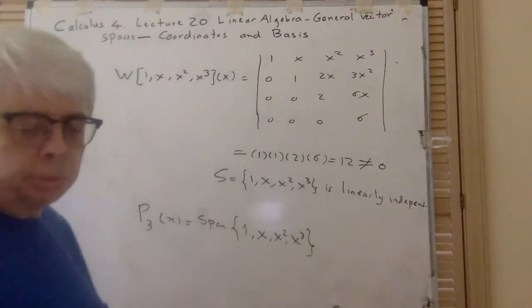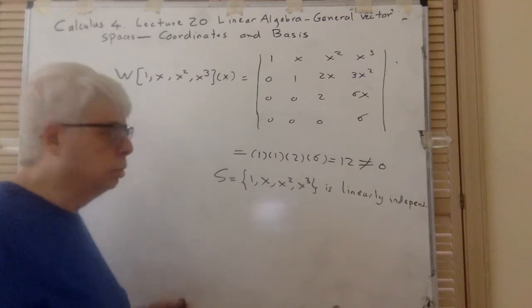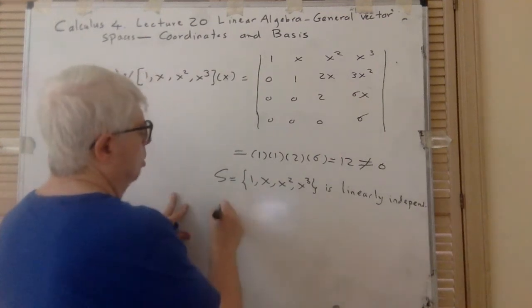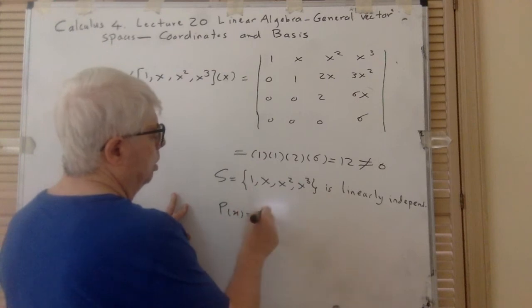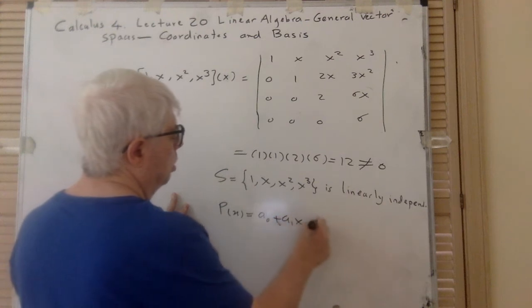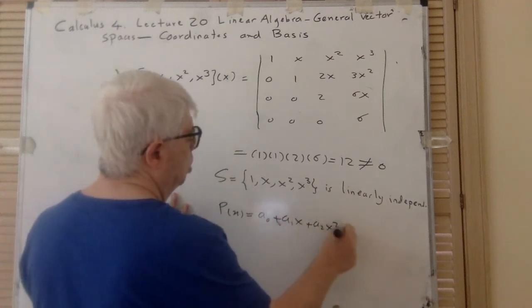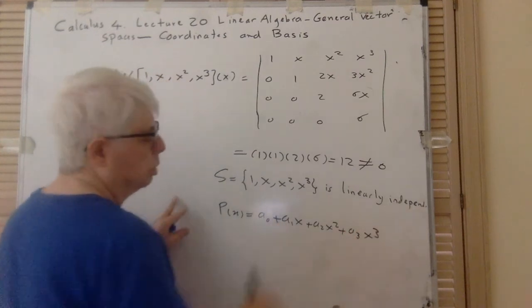And also they span P3. How? That one is obvious. If I have p(x) equals a0 plus a1 x plus a2 x squared plus a3 x cubed, right? So that's it.